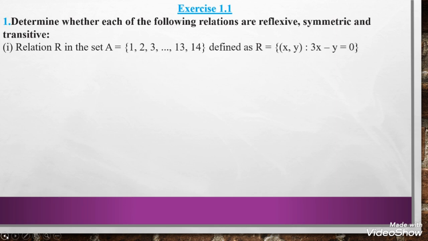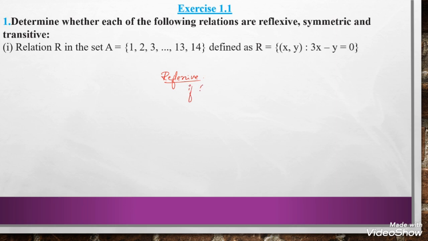One by one. The first type of relation is reflexive. Now, what is the definition of a reflexive relation?